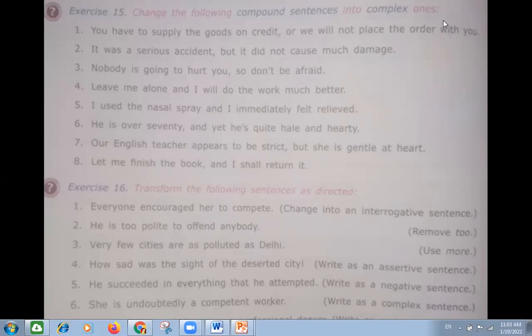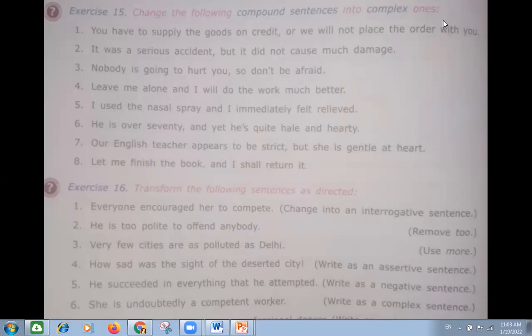He is so polite that he does not offend anybody. Offend means to make anyone angry. Okay, sir. He is so polite that he does not offend anybody, right? Like this.